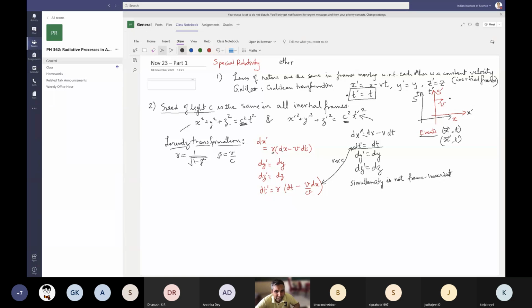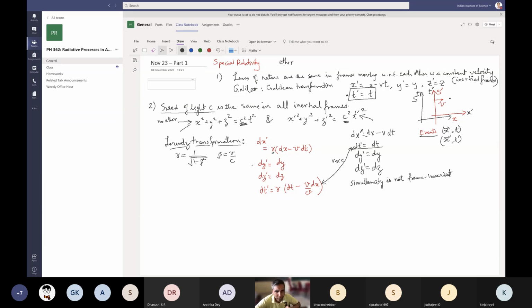Light travels the same way in all frames. Basically, this is the principle. People were trying to look for a medium in which light is at rest, in which light travels at c, and in other media light would travel at different speeds.